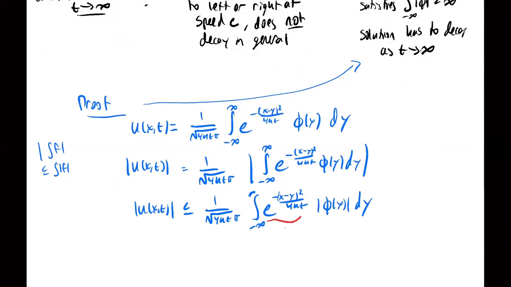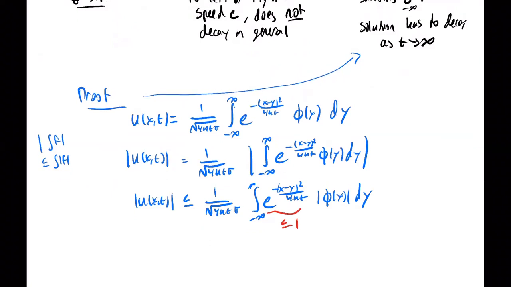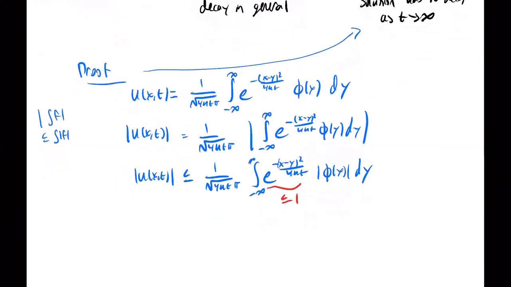But this exponential term is always less than or equal to 1, right? It doesn't matter how complicated the formula is, since it's negative, e to whatever this thing is always smaller than 1. And so this tells me that u of x, t is always less than or equal to 1 over the square root of 4 k t pi times the integral from minus infinity to infinity of the absolute value of phi of y dy.